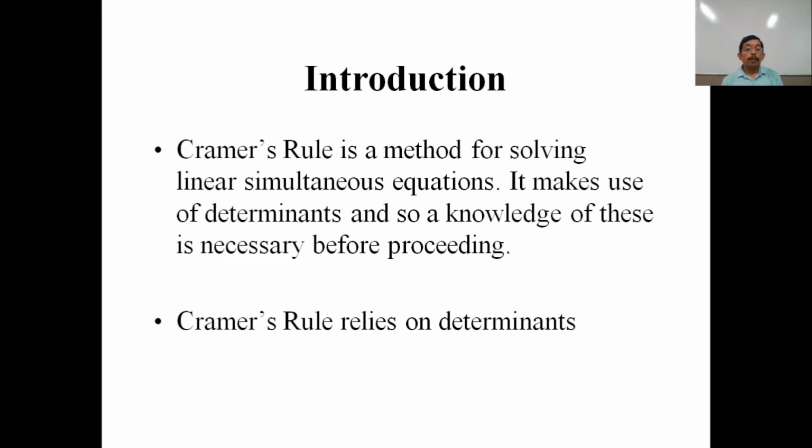Cramer rule is the method for solving linear simultaneous equations. It makes use of determinants, so knowledge of these is necessary before proceeding. The rule applies when the equation is given in the form of the unknown values x, y, z. First we find the value of the determinant of the coefficient matrix of the unknown values. After that, the first column of the coefficient matrix of the unknown values is replaced by the constant matrix.